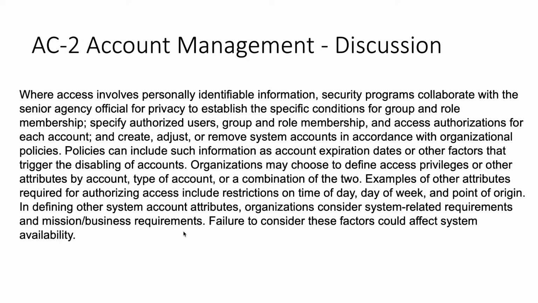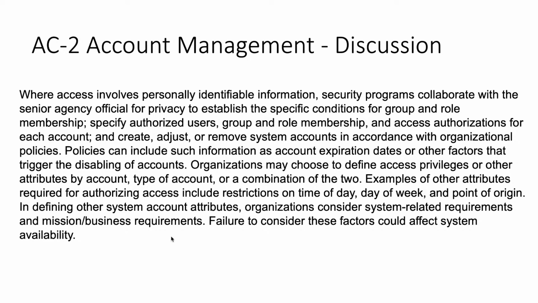In defining other system account attributes, organizations consider system-related requirements and mission business requirements. How does this play in? What requirements do we need to think about when we're building these attributes out? Failure to consider these factors could affect system availability. So maybe we think about an attribute where you have to log in from the organizational physical location or an IP address within, say, the server room.